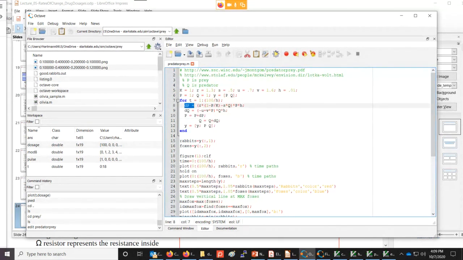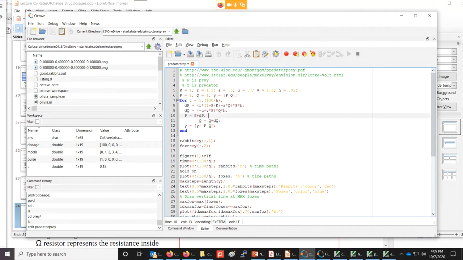And it also is basically assuming that the rabbits have all the food that they want, so that they're not dying by starvation, things like that. But so this is kind of a closed system.